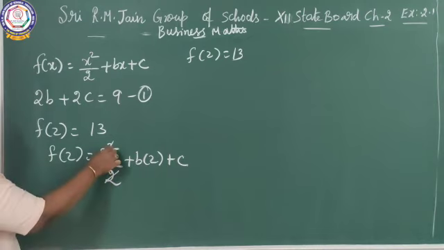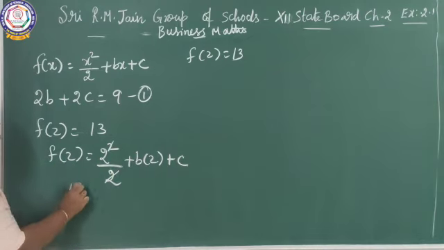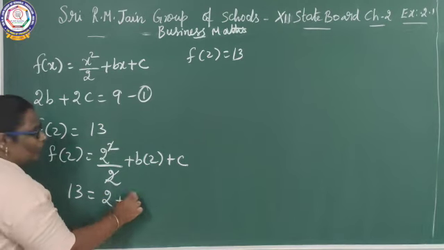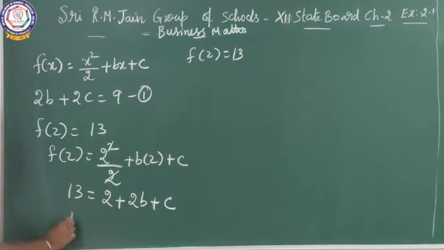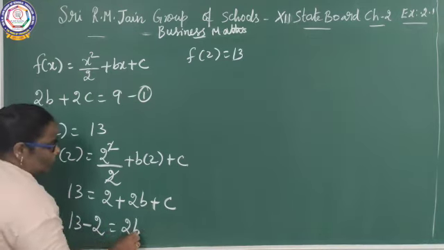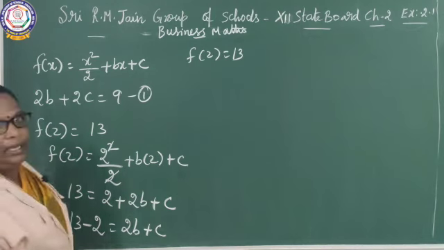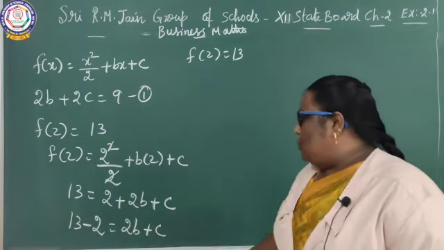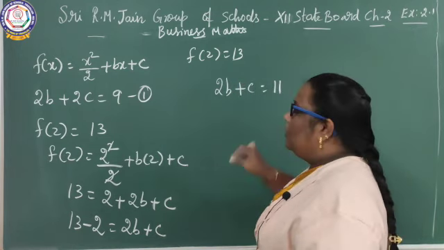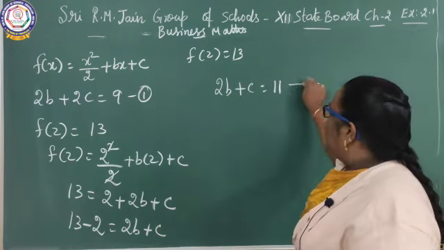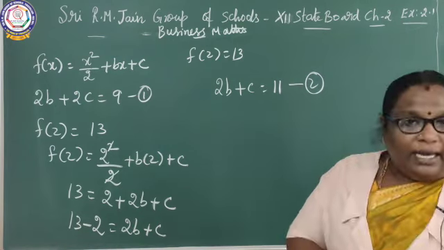So it gets cancelled. The value of f of 2 is 13 equal to 2 plus 2b plus c. 13 minus 2 equal to 2b plus c. So 2b plus c equal to 11. You can take it as the second equation.